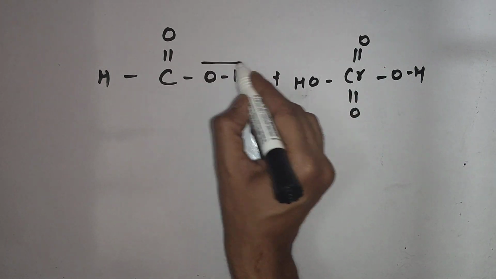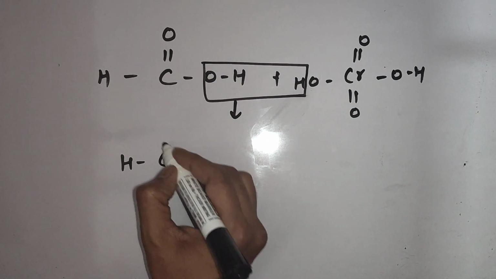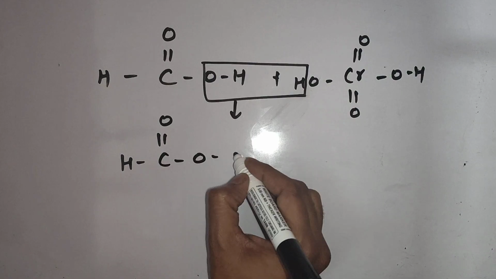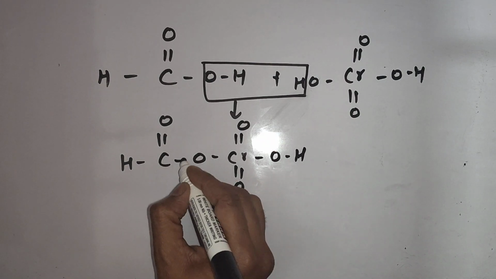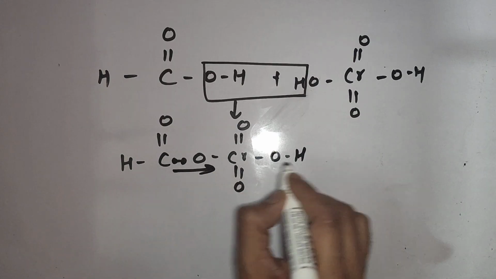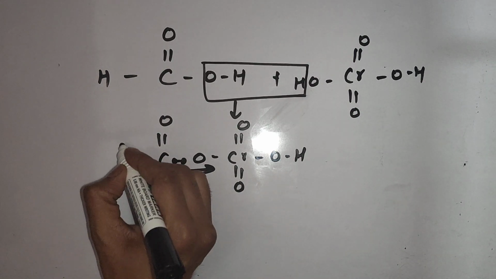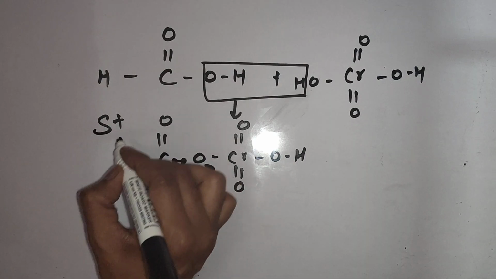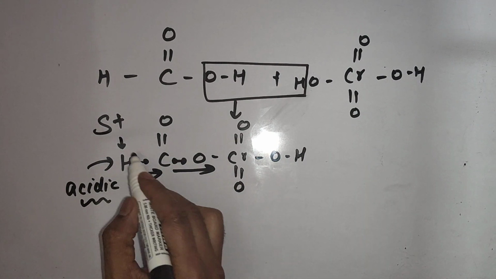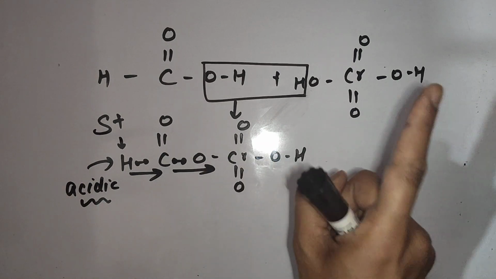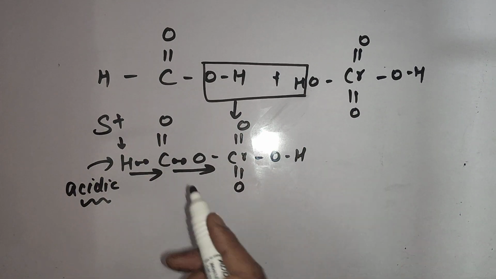Which will release H2O, due to which there will be the generation of chromate ester, due to which electrons will transfer strongly toward this part. That's why carbon will attract electrons from this hydrogen strongly, and this hydrogen will become highly positive, means acidic, which can be released from the molecule either by intermolecular proton transfer or by intramolecular proton transfer.